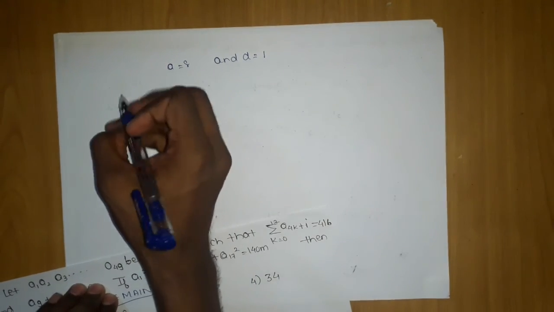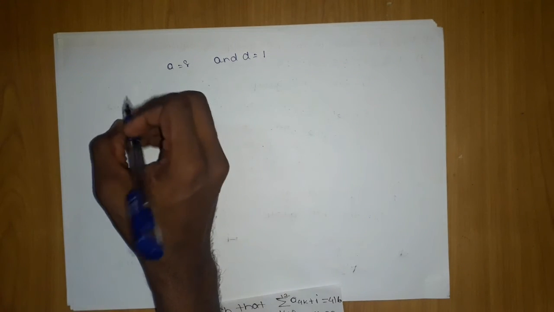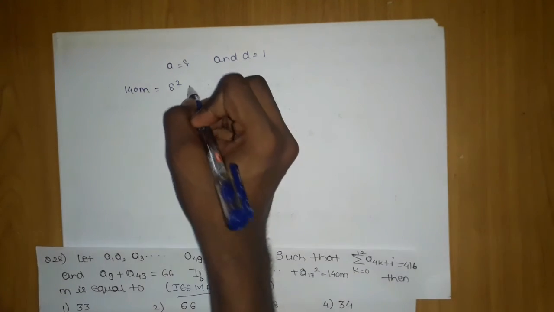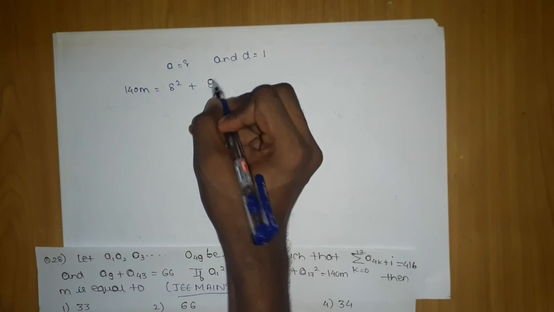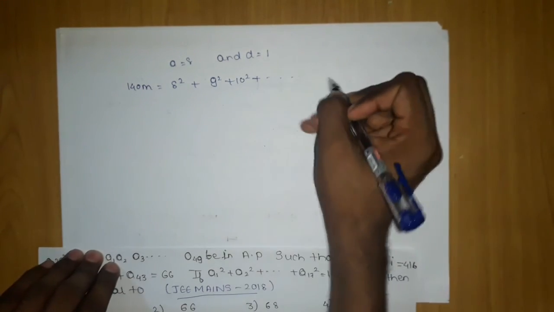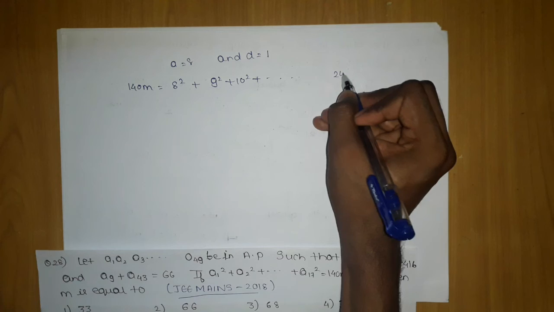So I got this. Now I need to find this value, A1 square plus A2 square till A17 square. If I substitute the values, 140m should be equal to: A1 will be nothing but 8 square, and A2, since D is 1, will be 9 square, and 10 square until the 17th term, starting from 8, which will be 24 square.